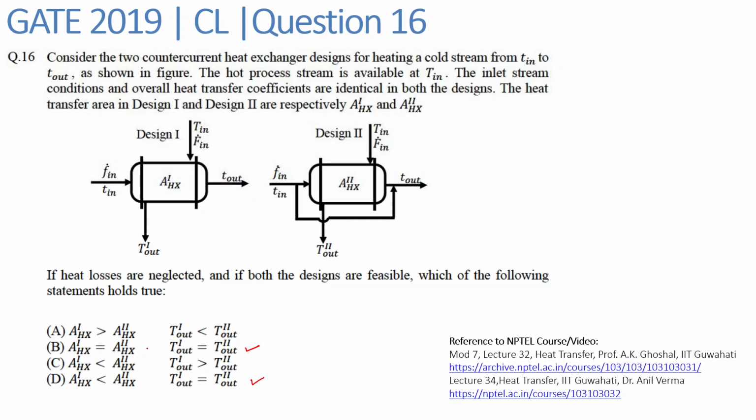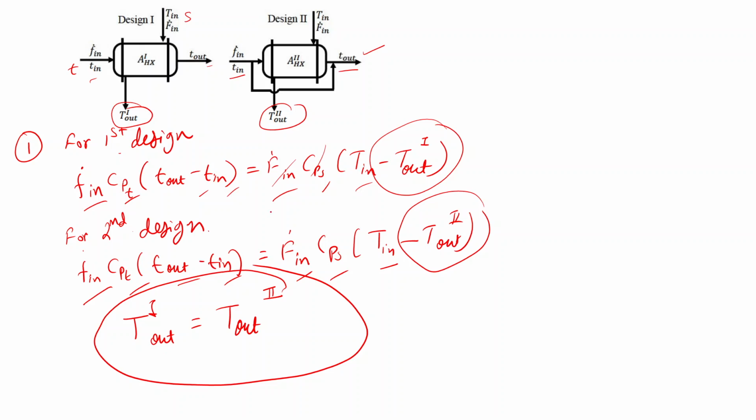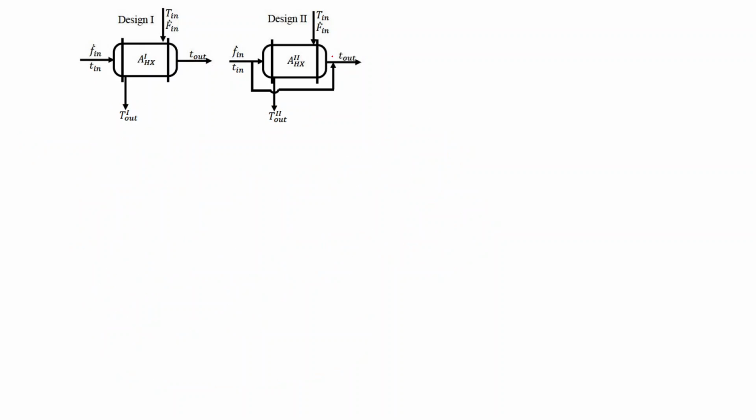Now we need to compare the area of the heat exchanger for both of these cases. This is the first design, this is the second design, and in the second design you can see that the cold fluid at T in is getting mixed directly into the outlet, whereas in the first design no such thing is happening.